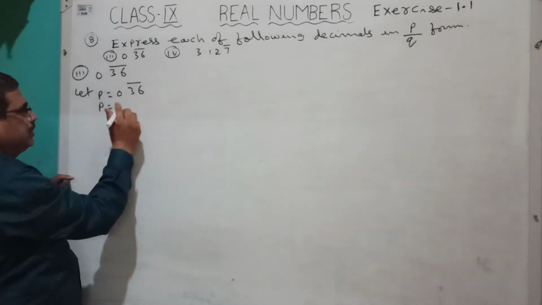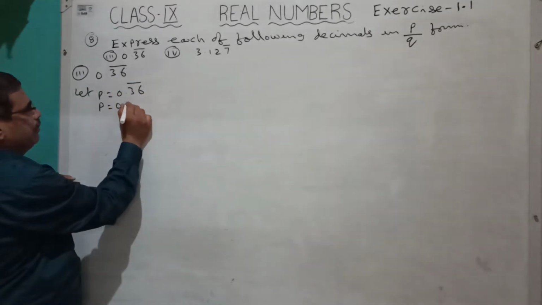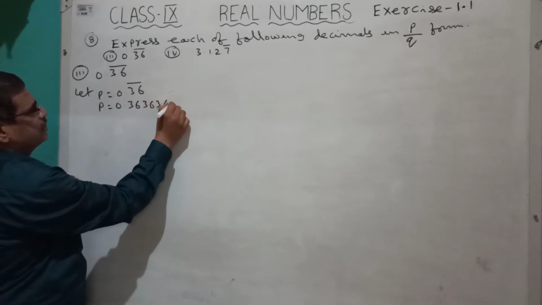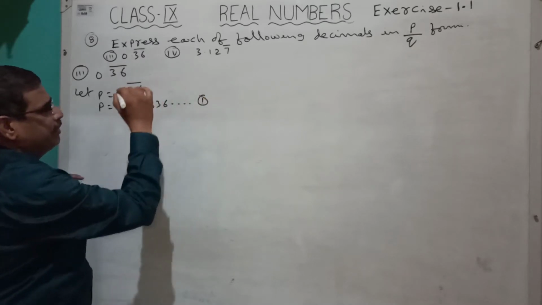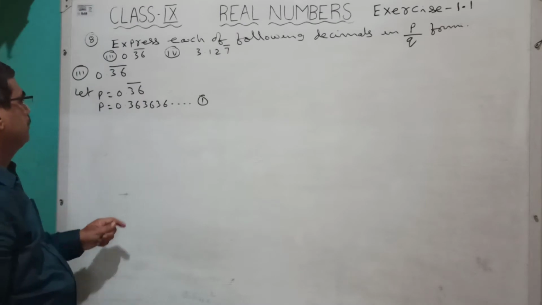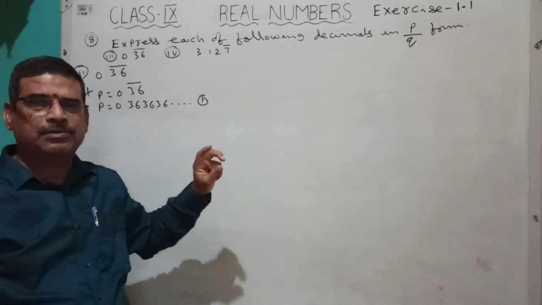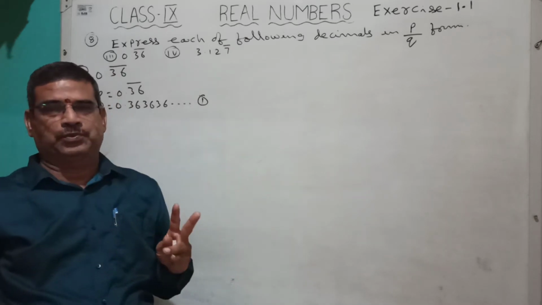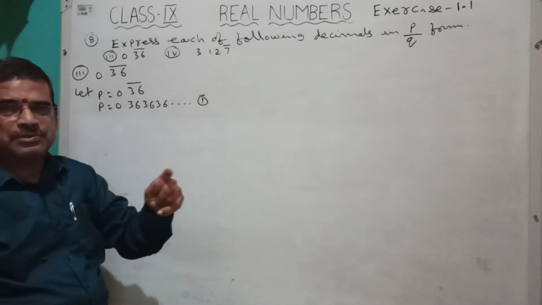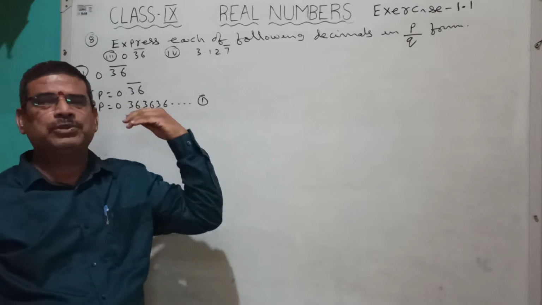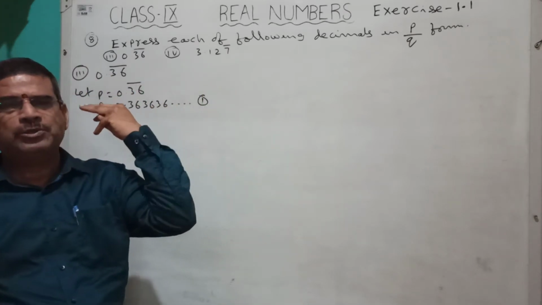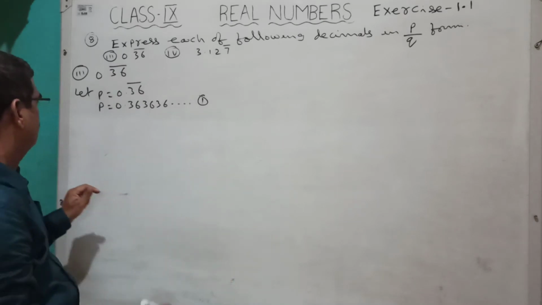So I am expanding this one: 0.36, 36, 36, and so on. Make this as 1. Here the repeating terms are 2, so you have to multiply with 100. If repeating terms are 1, you multiply with 10. If repeating terms are 3, you multiply with 1000.